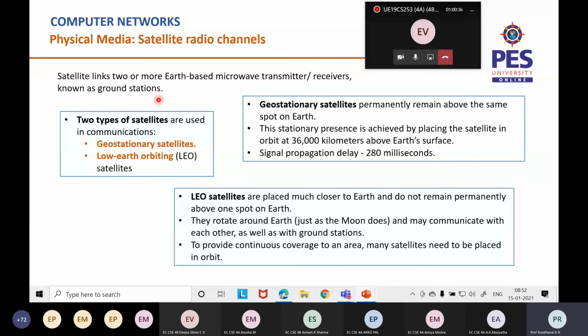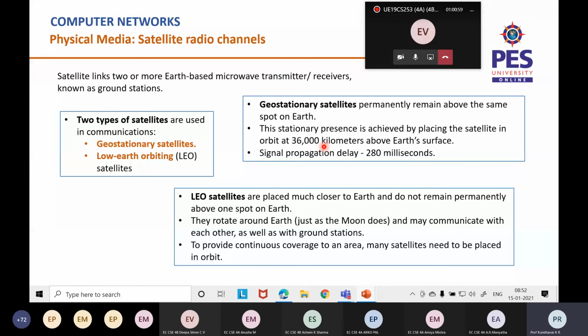As the name suggests, geostationary satellites permanently remain above the same spot on the Earth. They would be just there. They would not move. The stationary presence is achieved by placing the satellite in orbit at 36,000 kilometers above the Earth's surface.